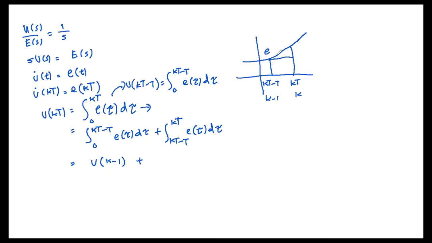So using the value e of kT minus T, we are creating a rectangle. To approximate the area under the curve e from kT minus T to kT, we are just considering this area. This is going to give us an approximation which is not exactly equal to the area under the curve.